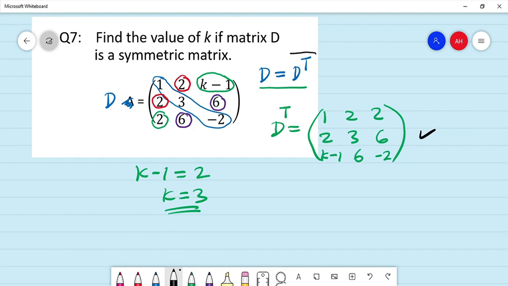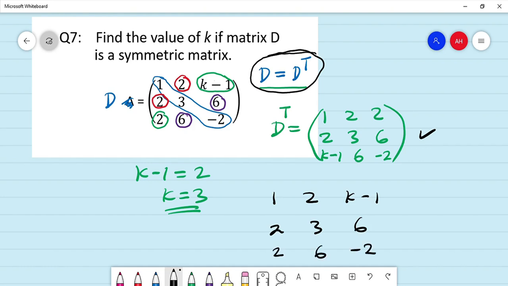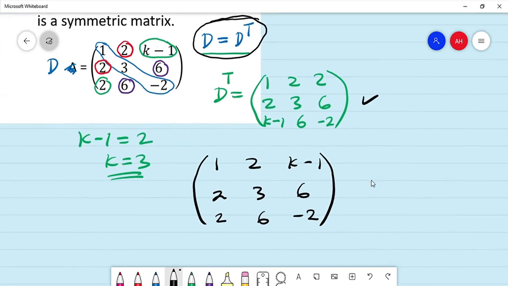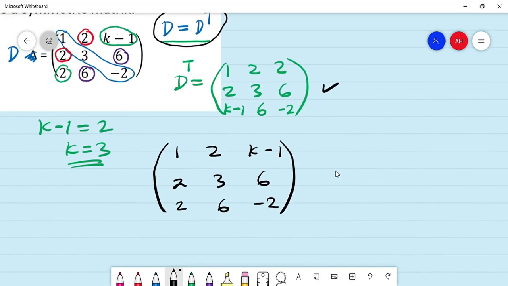Now, if matrix D is symmetric, this statement must be true. That is, D must be equal to D transpose. So, the original D, that is 1, 2, k minus 1, 2, 3, and 6, 2, 6, and negative 2. This is the original matrix D. Must be equal to matrix D transpose, that is over here.